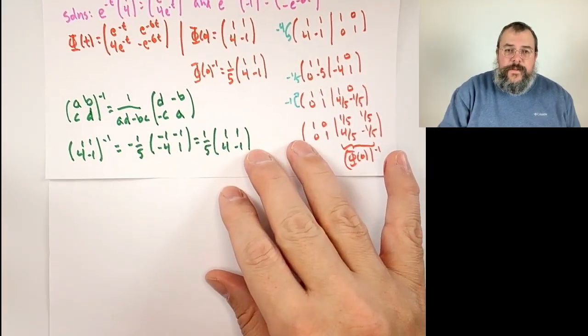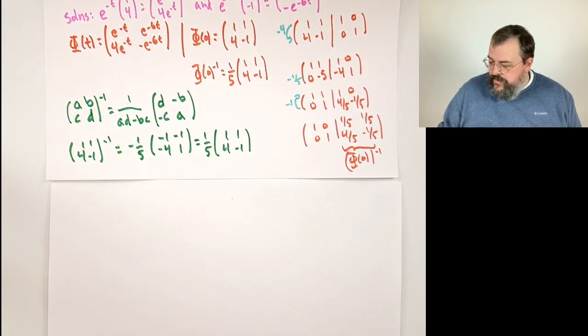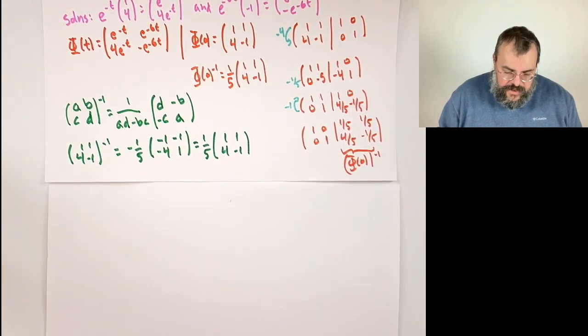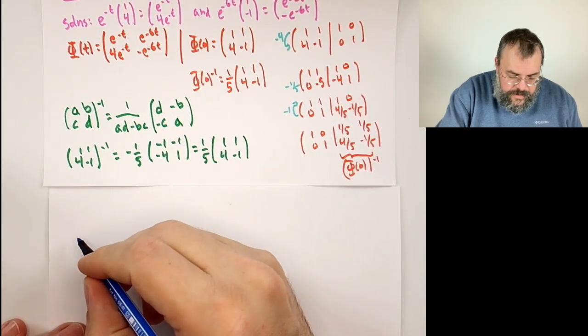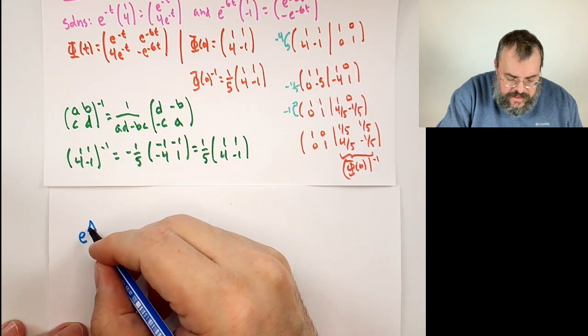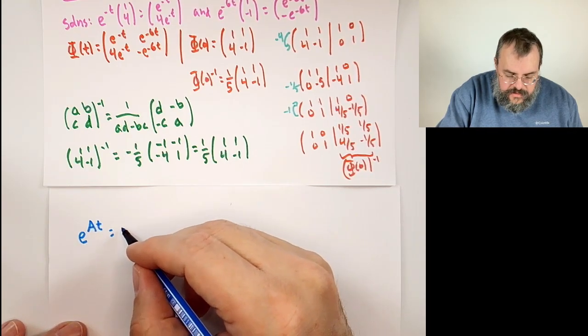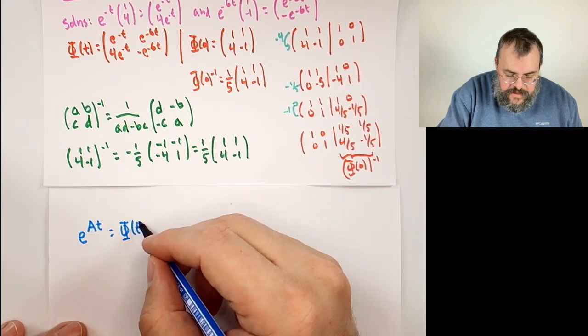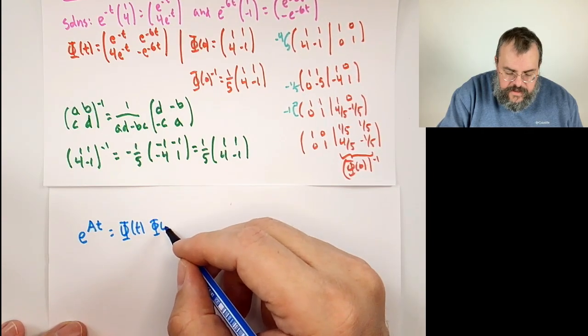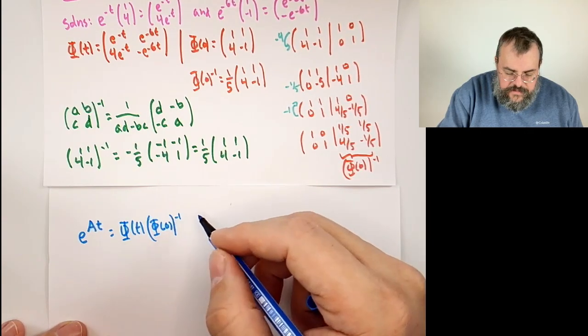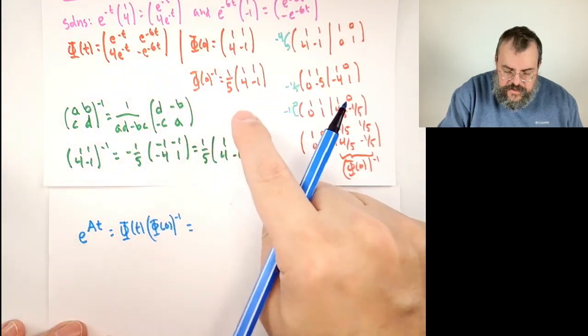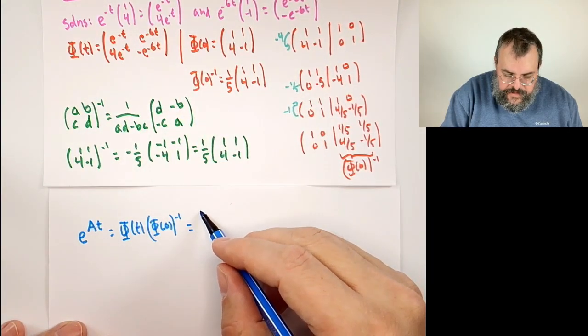So we have phi 0 inverse. So our next step is we're going to do our computation. So e to the a times t is phi of t, and phi 0 inverse, and I'm just going to copy down these pieces here.